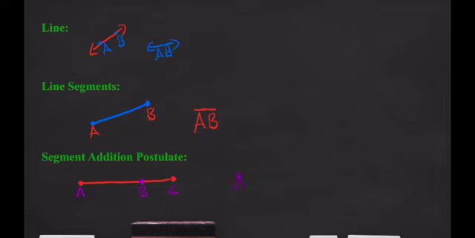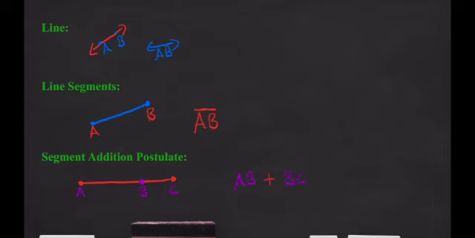We have segment AB, which has a length, and we have a segment BC that has a length, right? What we can do is add these 2 segments, and whenever we talk about a specific length, we no longer need the line over top, because it's assumed we are talking about the length of the segment.